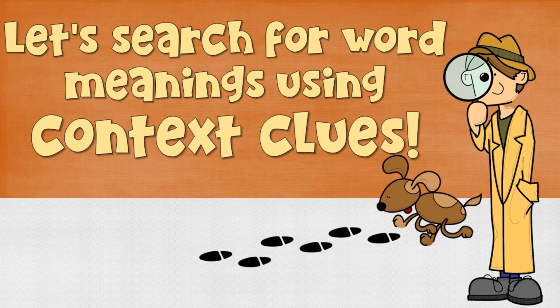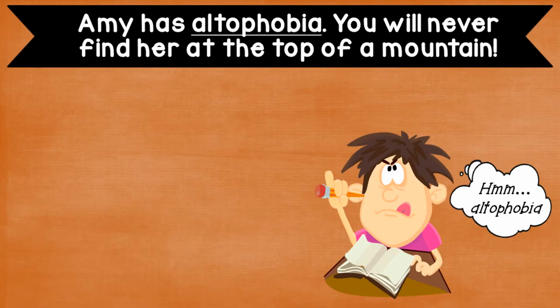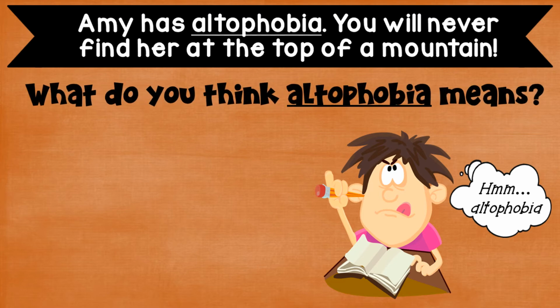Let's search for word meanings using context clues. Amy has autophobia. You will never find her at the top of a mountain. Autophobia. What do you think that might mean? I'll give you just a second.